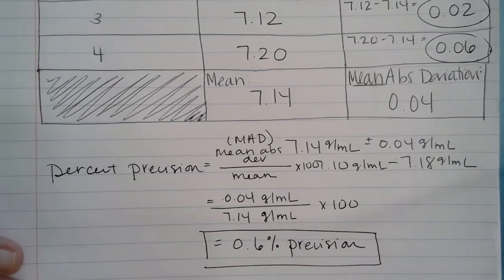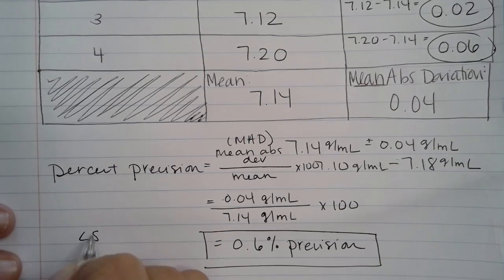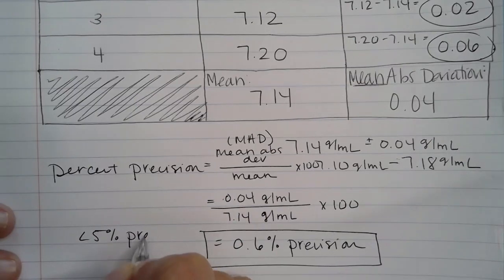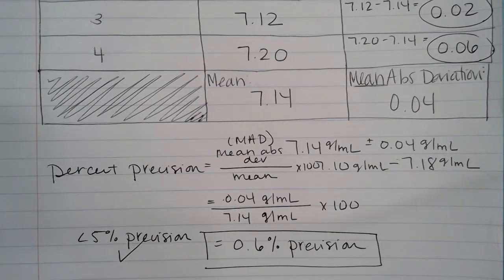So what does that mean? This means that our numbers are within 0.6% of one another, which is pretty darn good. I always tell my students, if you are within 5% precision, in our lab at least, that's considered good. So if you're below 5% precision in any lab that you do, you will say that you were precise in your measurements.